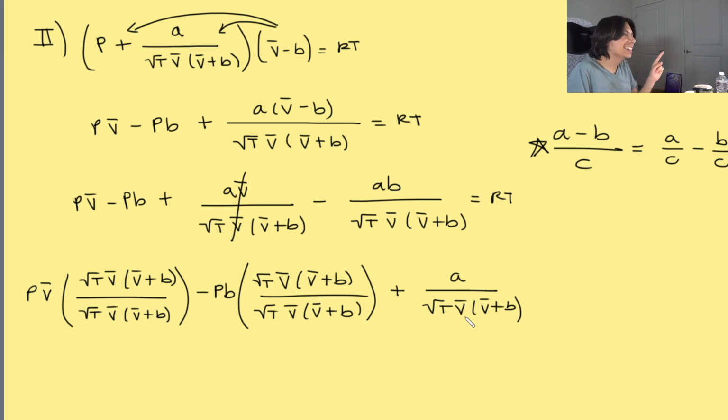Continuing on, we canceled that v bar, so that v bar is not going to be there anymore. So we have to have it here as well, so that in that sense it still reduces to what we already decided it was going to reduce to by simplifying and canceling that v bar in the numerator and denominator. But since we want to have a common denominator still, we're just going to add that v bar back in there.